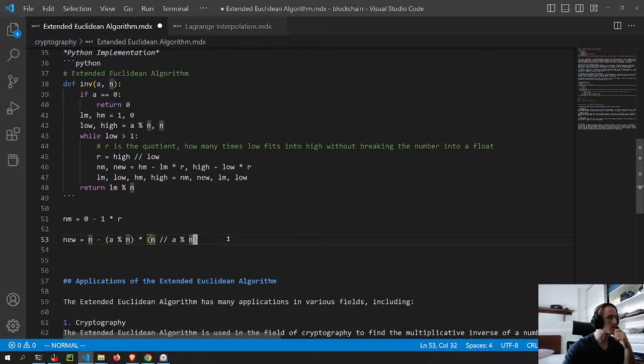It's hard to understand why they did it like this here. Because the A and N is confusing as well.